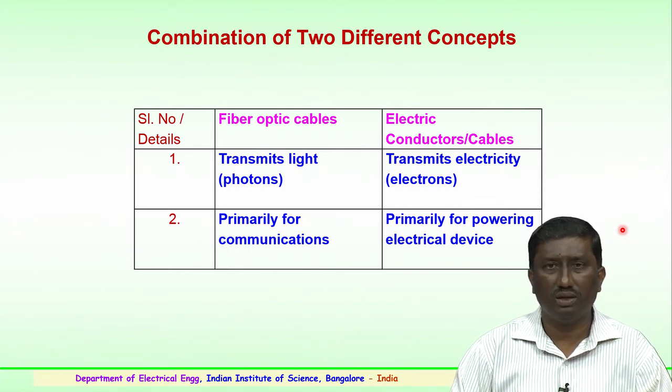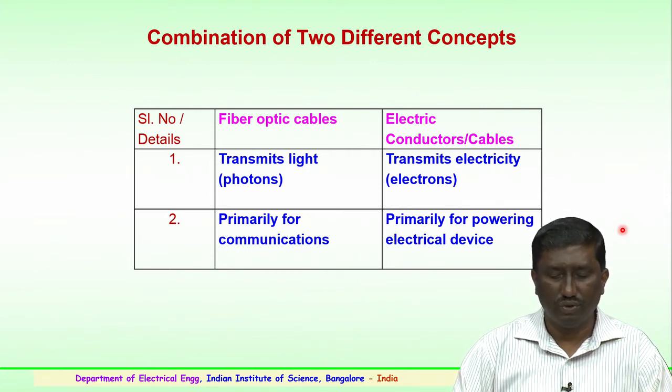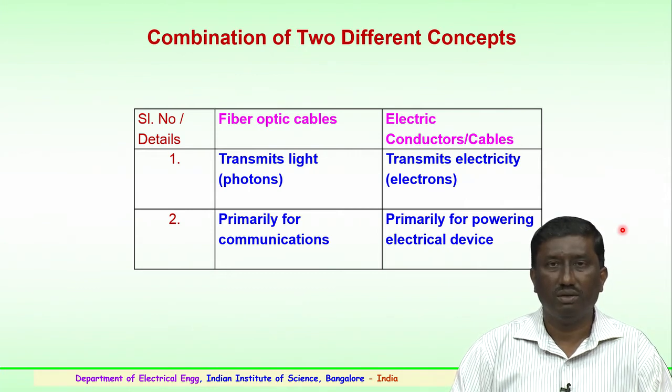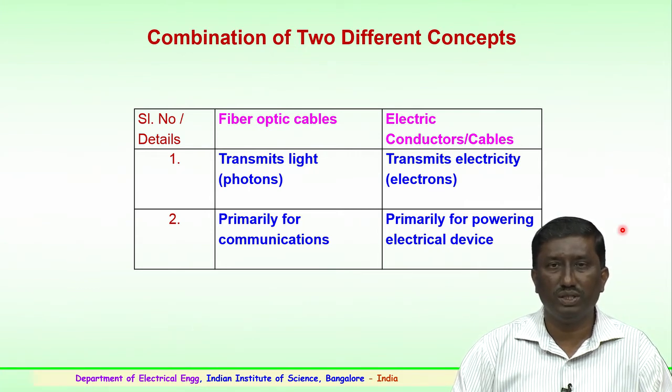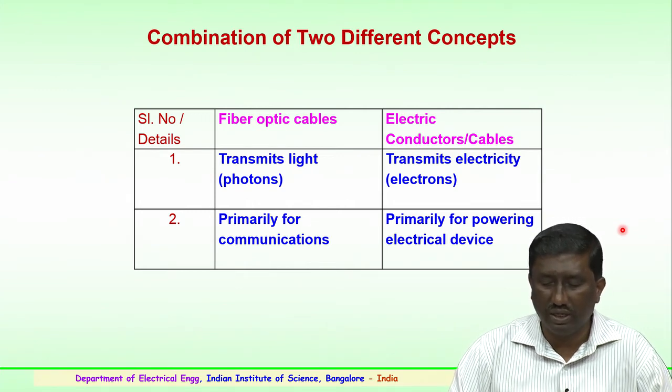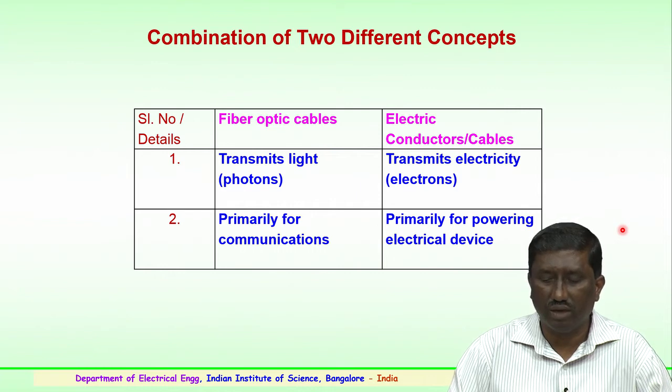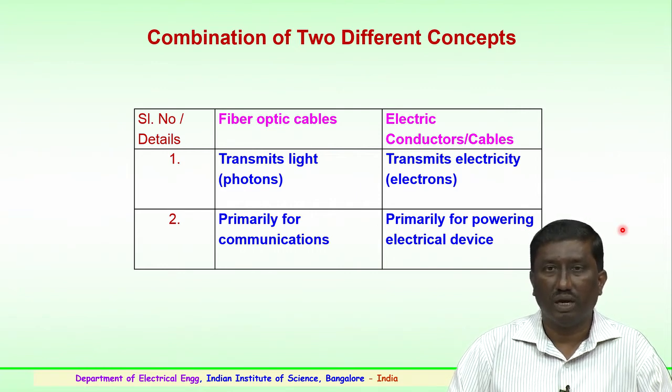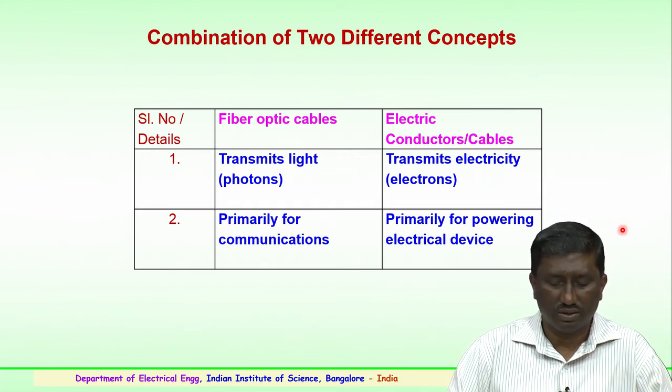With fiber optic cables, the fiber emits light because of the photons present, whereas in electric cables or a conductor, the transmission of electricity happens because of the electrons.